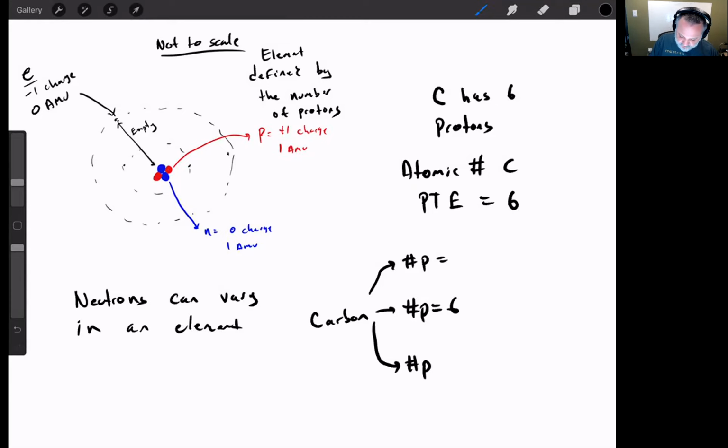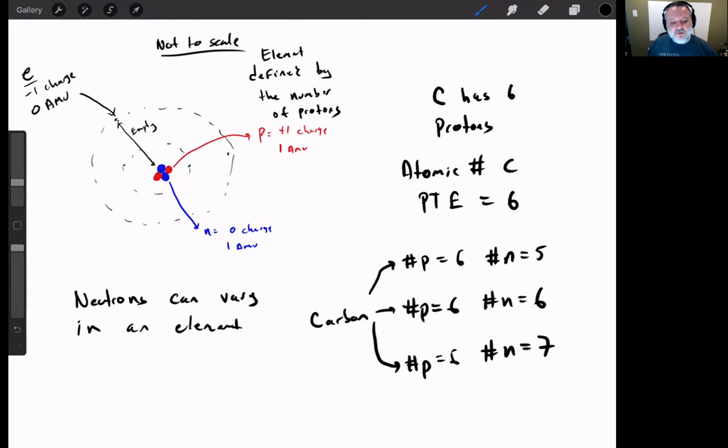But one version of carbon might have only 5 neutrons. Another version of carbon might have 6 neutrons, and another version of carbon might have 7 neutrons. And that's exactly right.